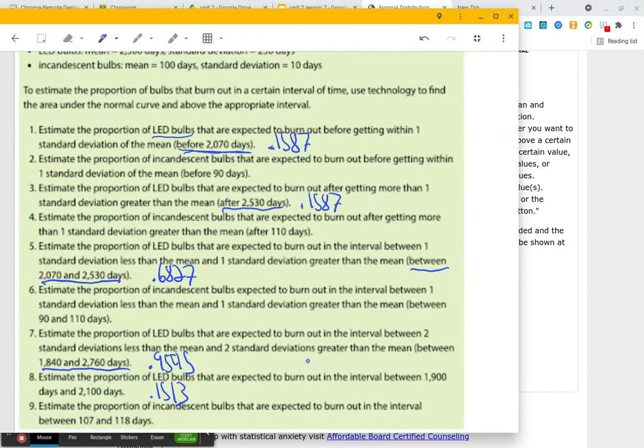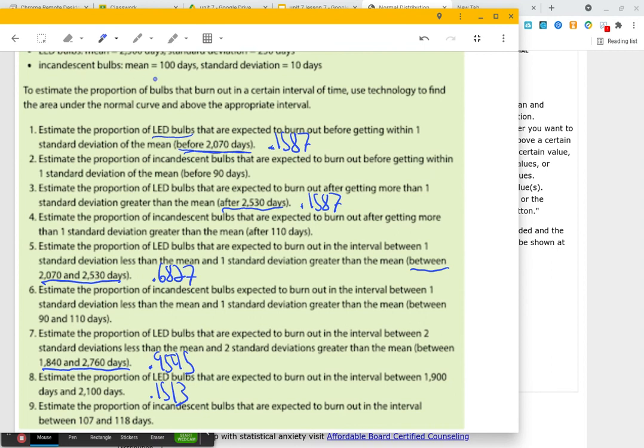Okay. Let's go ahead and answer the questions about the incandescent bulbs. So estimate the proportion of incandescent bulbs, number 2, that are expected to burn out before getting within 1 standard deviation of the mean, before 90 days. So incandescent bulbs are going to have a different mean and standard deviation.